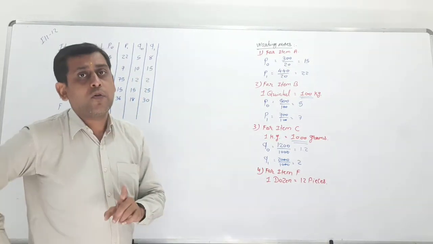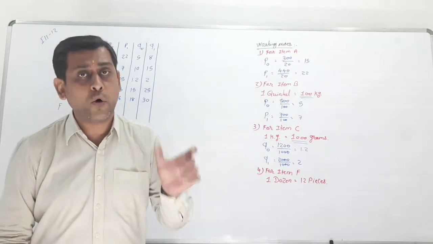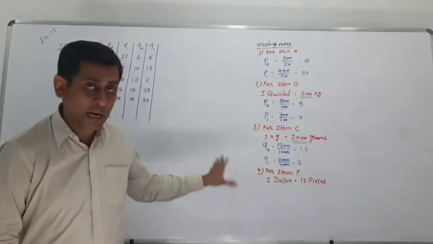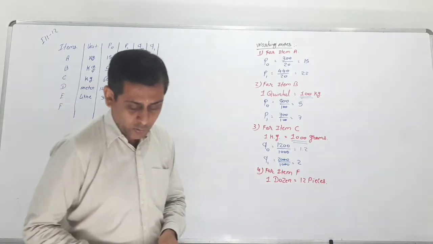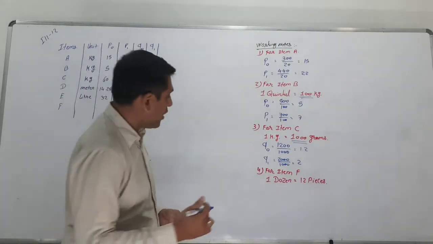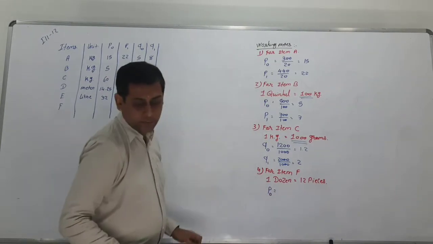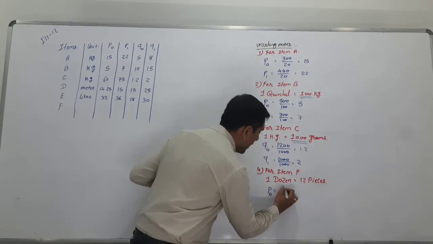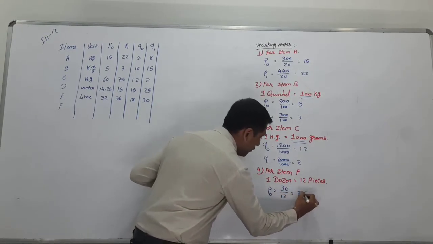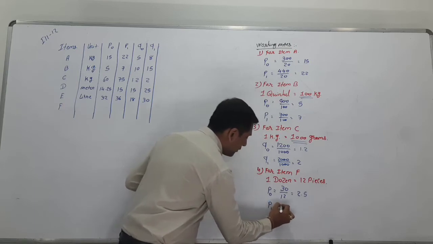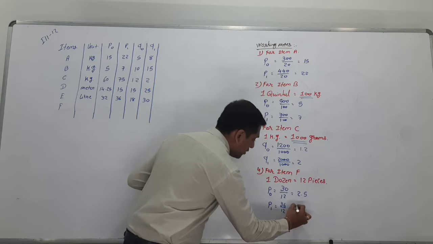If any one is a multiple of 12, then we have to convert that, whether it is price or quantity. So now here P0, I am converting P0. What is that? 30 divided by 12. So the answer is 2.5. And here P1, 36 divided by 12. So the answer is 3.